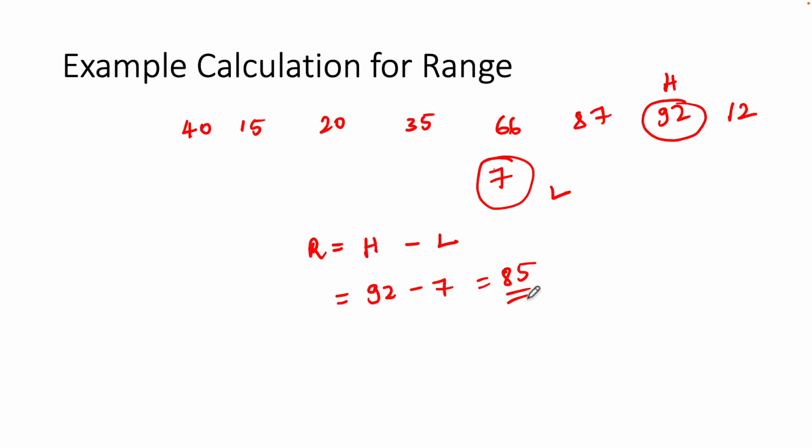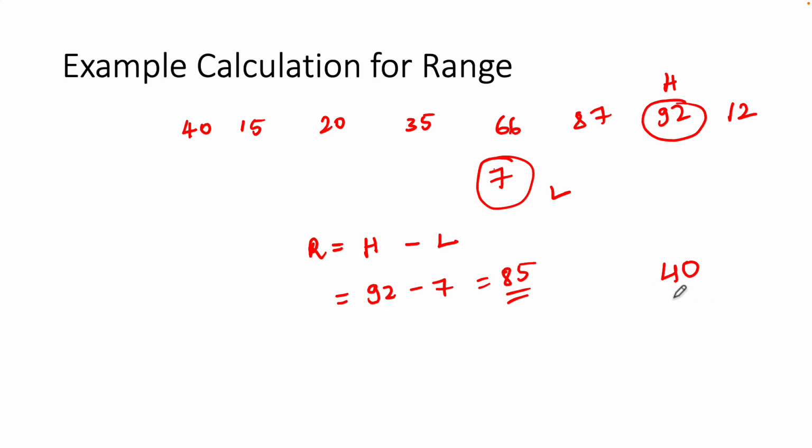For example, the range that you have got is 85, and let's say the mean value when you calculate it is around 40 or something. Then that will give you the overall range in your data and where your measure of central tendency lies. That will help you check for an outlier in a given data set.